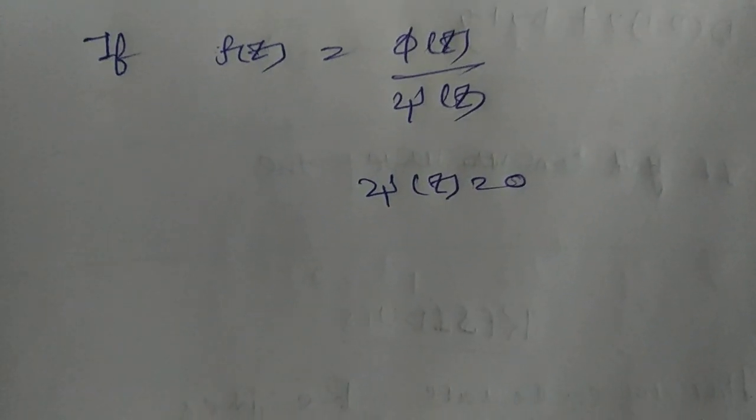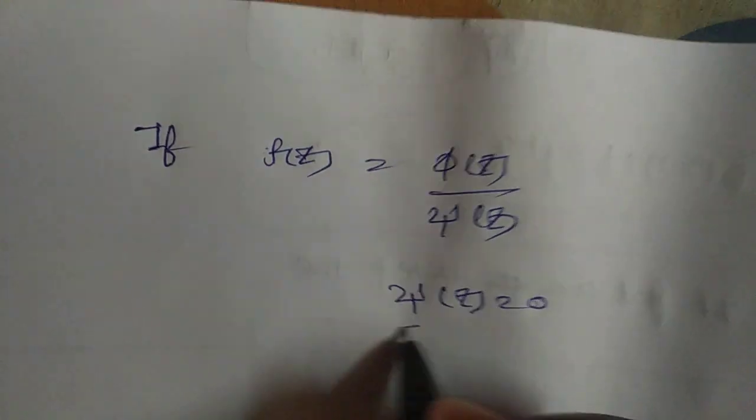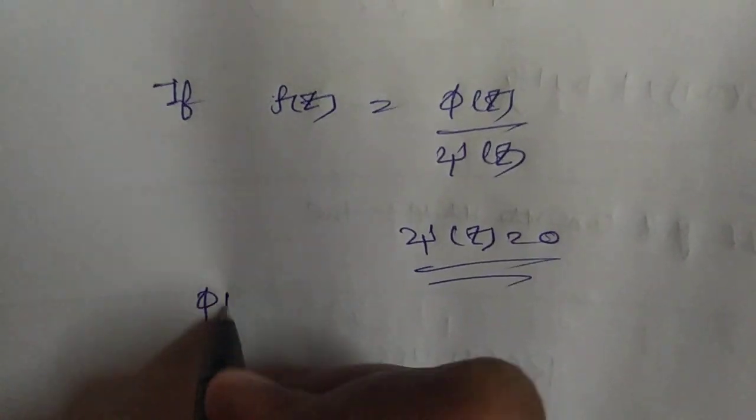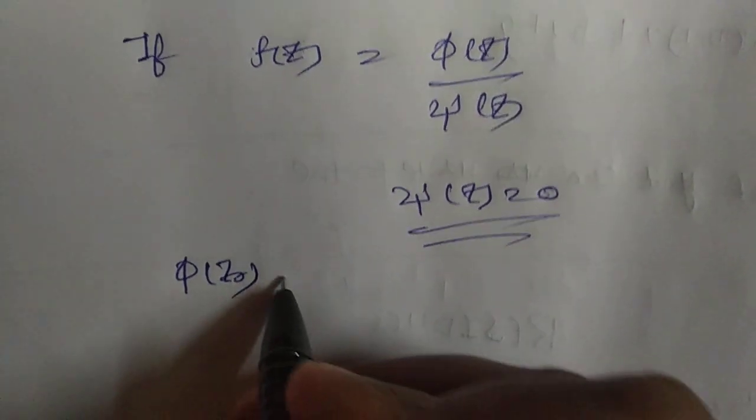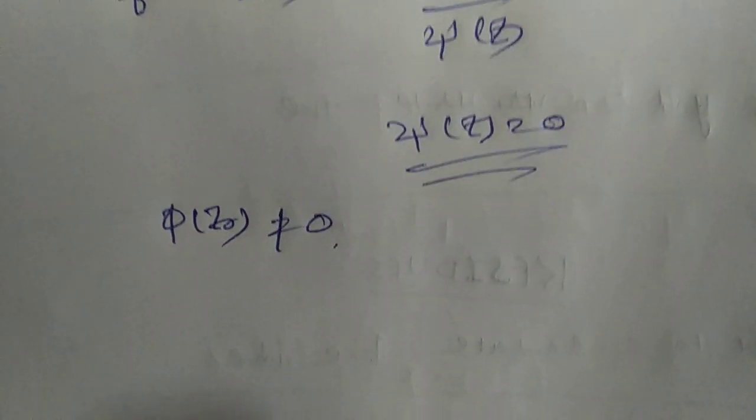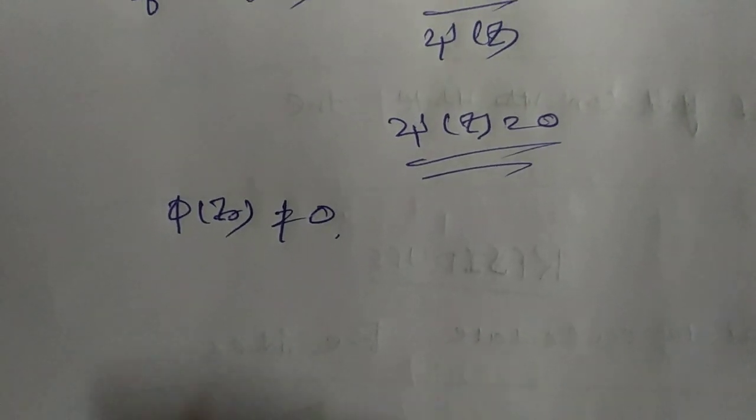If a function is such that f(z) equals phi(z) by psi(z), and psi(z0) equals 0, but the condition is phi(z0) not equal to 0, then how do we calculate the residue?